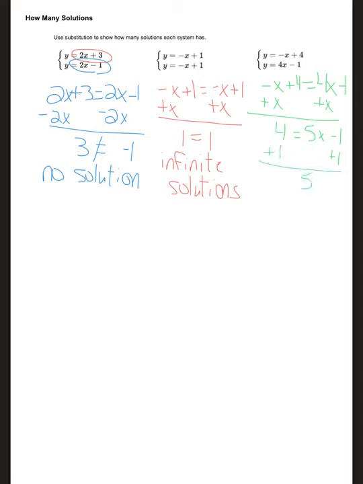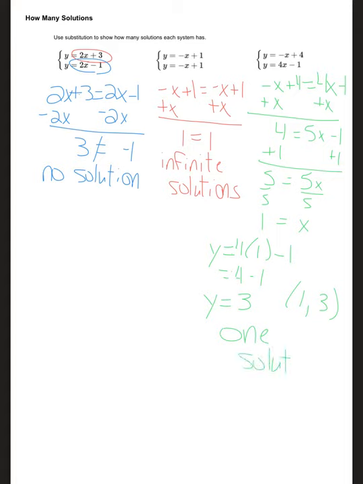And I get 5x equals 5. I'm going to divide both sides by 5. And x is 1. And when I get an x value, remember I can also get a y value. So I'm going to say y equals 4 times 1 minus 1. So y equals 4 minus 1, which is 3. So I get the point (1, 3), and this has one solution.